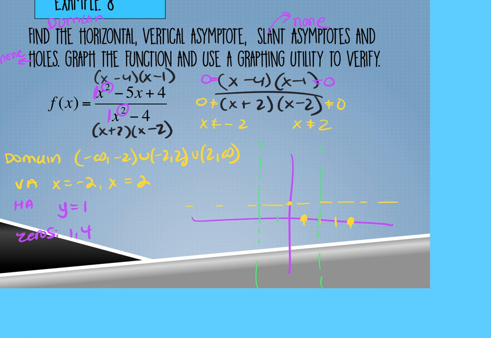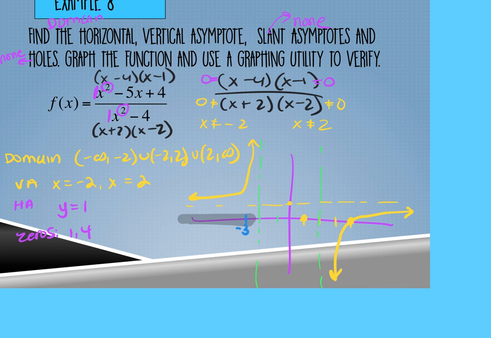Now I know for sure it has to cross in that bottom right corner because it has to go through my x-axis. So I know that curve is there. Because there are no zeros on this side, I also know it has to go above the axis there. I could confirm that by plugging in a point that is less than negative 2. So I could have plugged in negative 3 to check. But because it doesn't cross the x-axis, I know it can't be underneath.